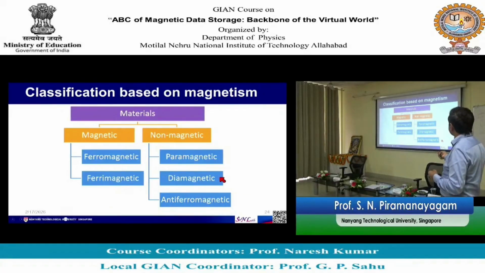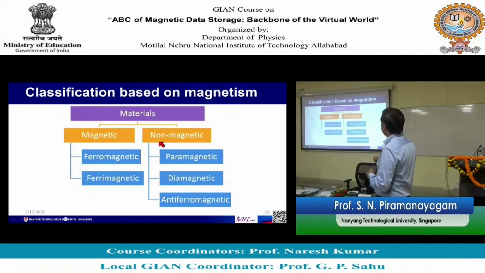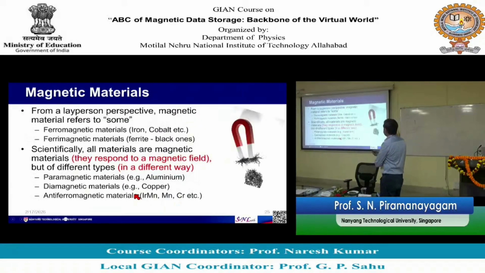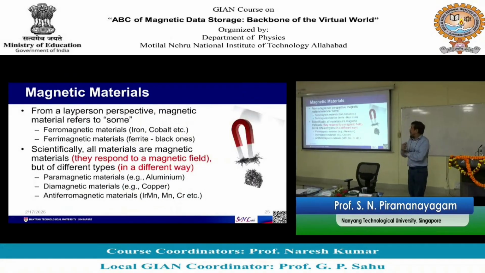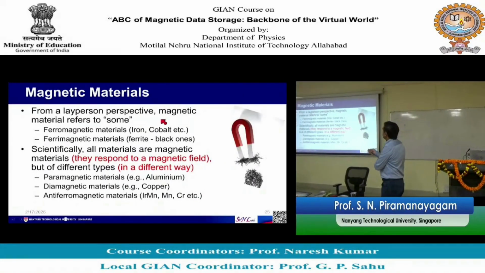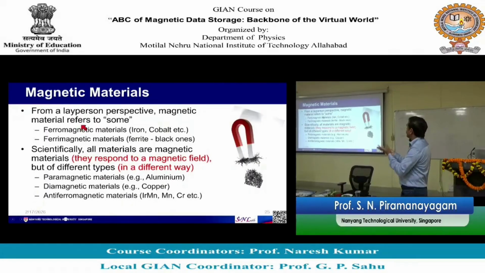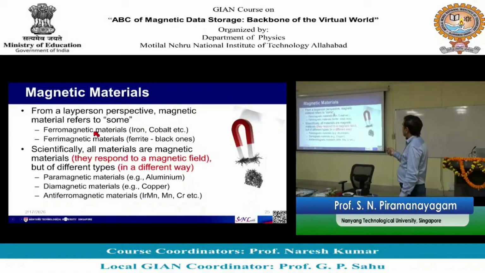Paramagnetic materials will be weakly attracted to a ferromagnet. Diamagnetic materials will be weakly repelled by magnets, and antiferromagnetic materials are similar to these materials in some sense, but they don't exhibit attractive properties. So we'll go through a few details of all these materials first. A layperson classifies materials into two categories just based on whether they get attracted or not.